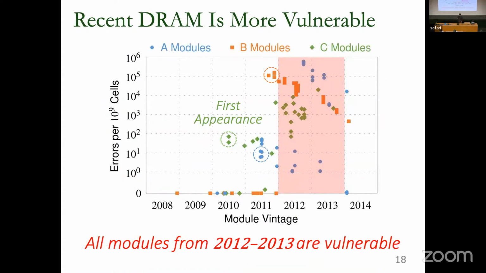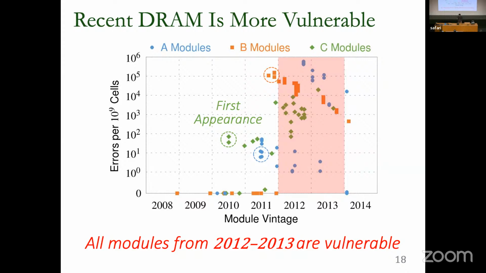And second, they found that DRAMs that are manufactured more recently are significantly more vulnerable than older DRAMs. As we can see here, the x-axis is the model vintage, and the y-axis is the number of errors.